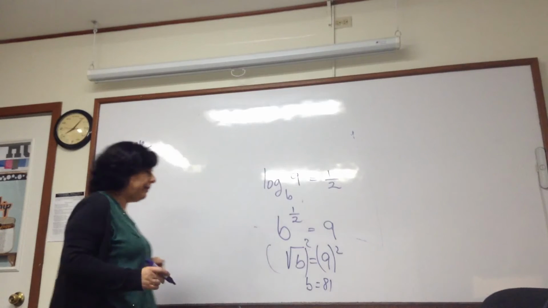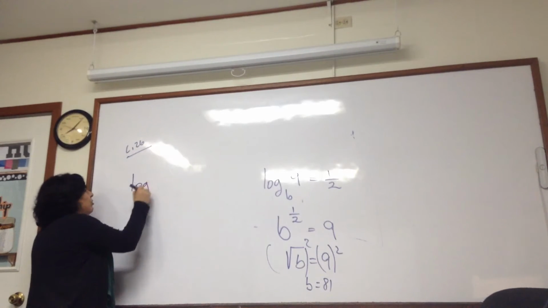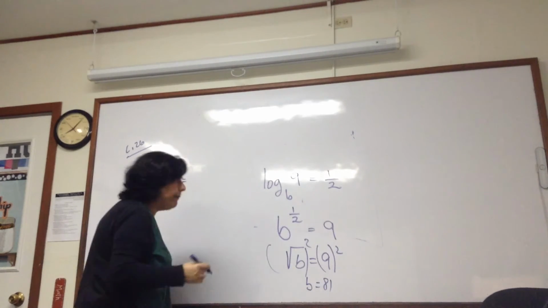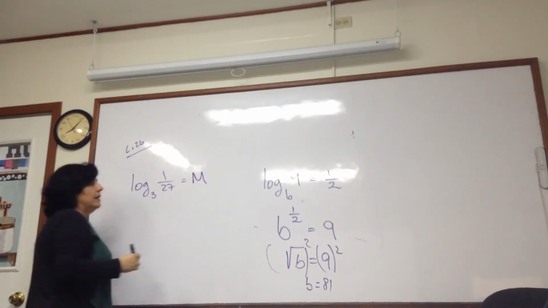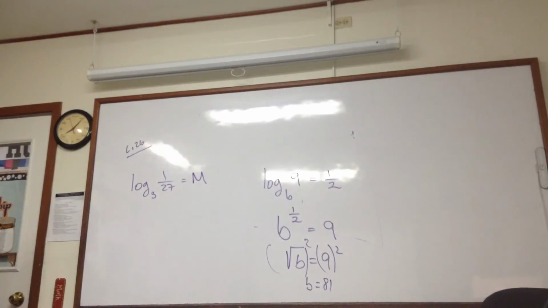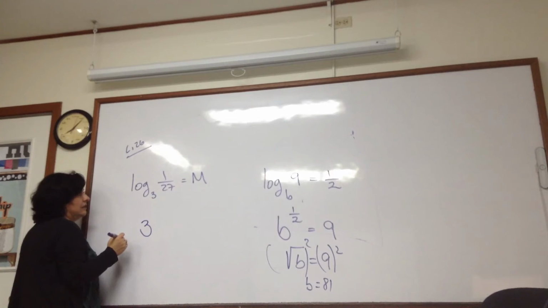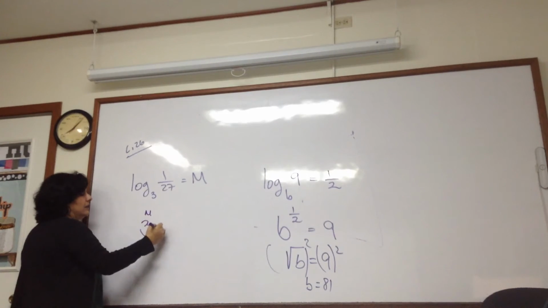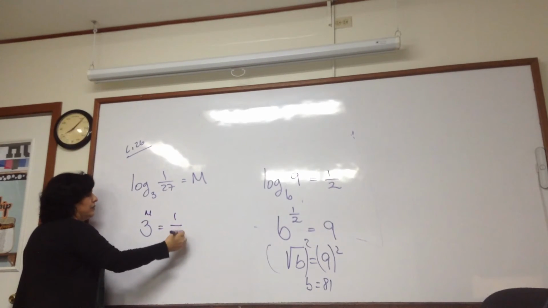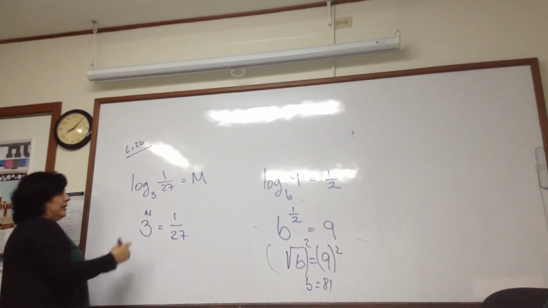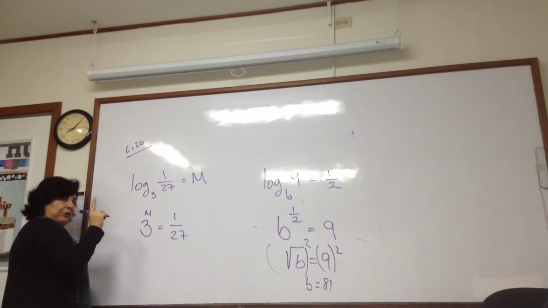How about this one? Logarithm base 3 of 1 over 27 equals m. It would be 3 to the m equals 1 over 27. You can do this in the calculator, but that's not what we're learning right now.